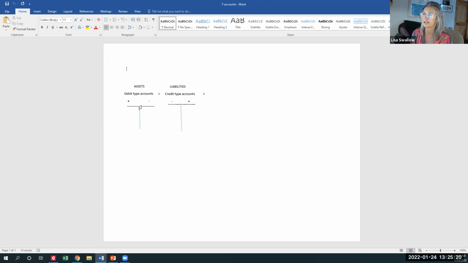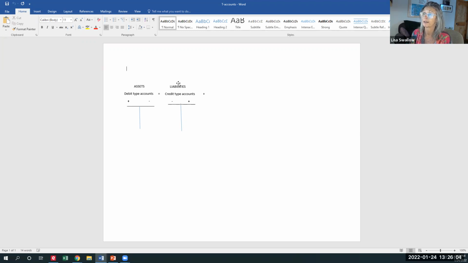So first draw a T account, and for every single T account, you have to tell me what it is. So assets: you're going to have a T account for cash, a T account for accounts receivable, a T account for equipment. Anytime it's an asset, it's a debit type account. That's its normal balance. So to make it get higher, you debit it, and that's why I put the plus sign over here. The left side's always a debit, the right side's always a credit. Okay, equals, and then make another T account.